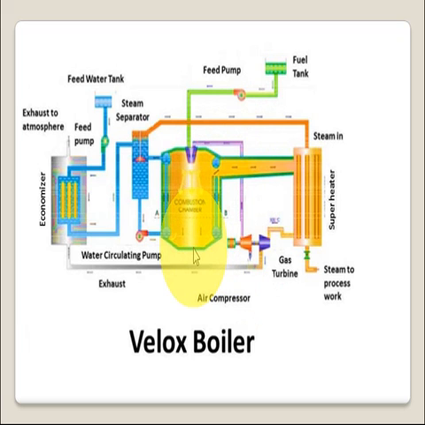Because of pressurized air, velocity increases and heat transfer rate increases in the Velox boiler, and combustion takes place at high pressure, 2 to 3 bar, and the exhaust of the gas turbine is passed to the economizer, and from the economizer the exhaust gases escape to the atmosphere. So this is the working of the Velox boiler.